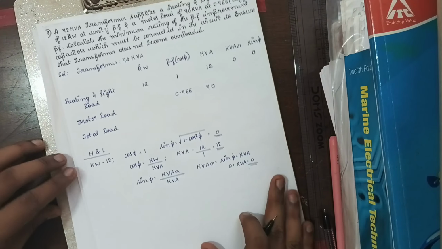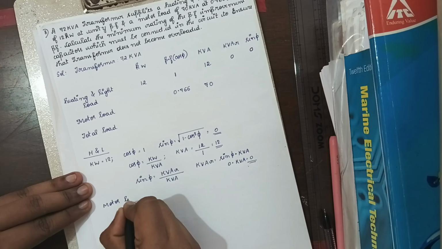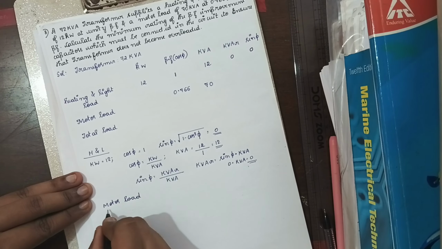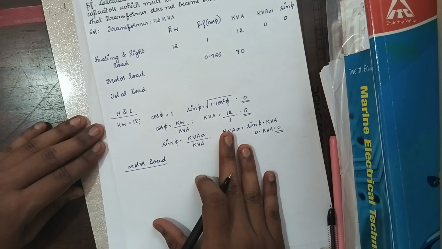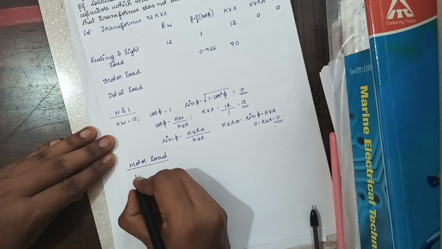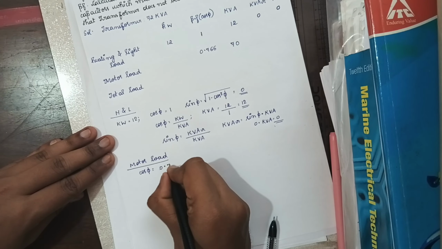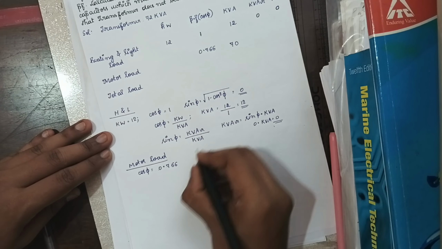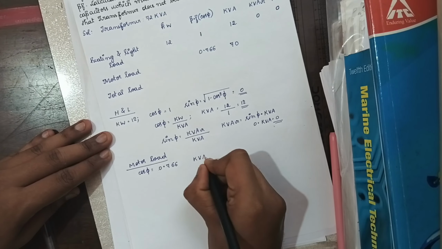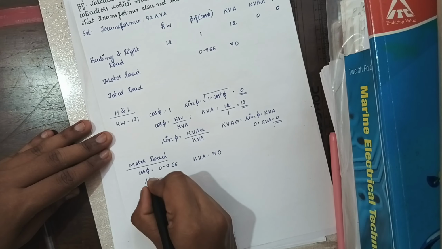So we found all the heating and lighting loads. Let's go to the motor load. Now coming to the motor load, what is given here? Cos phi is given, cos phi is equal to 0.766, and kVA is given. kVA is equal to 70. We can find sin phi by the same formula.